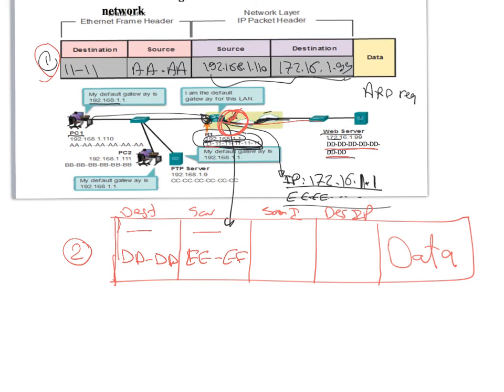So what is the source IP address? 192.168.1.110. And what is the destination IP address? 172.16.1.99. The IP addresses in the data do not change.